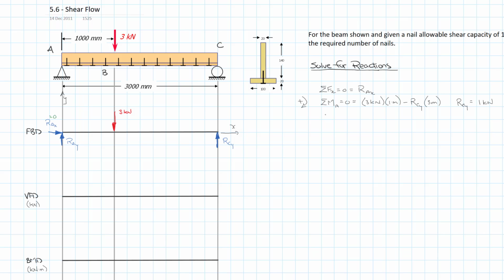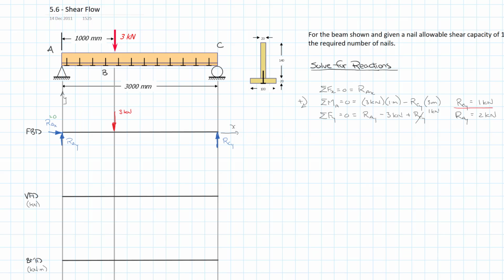And we can get our last reaction just by using our last equation. Sum of the forces in the y direction is equal to 0. So we have RAY minus 3 kilonewtons plus RCY, which we know is 1 kilonewton. So RAY is equal to 2 kilonewtons.